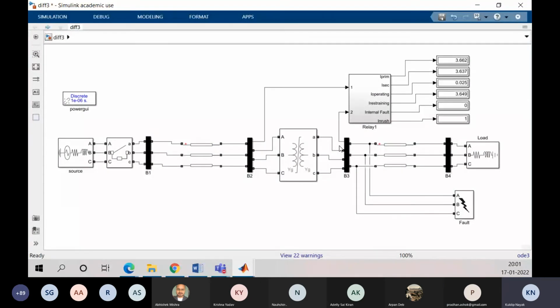Then operating current is 0.025. These all are in per unit values. Then restraining current is 3.649, nearly half of these two, primary and secondary. Then internal fault shows 0, which means it is not a case of internal fault. Inrush, it showed as an inrush condition.